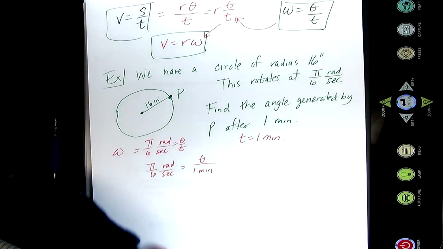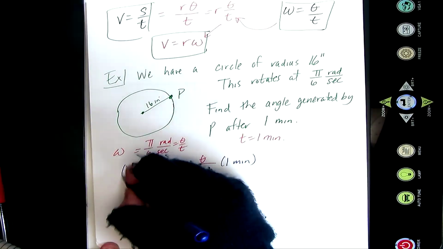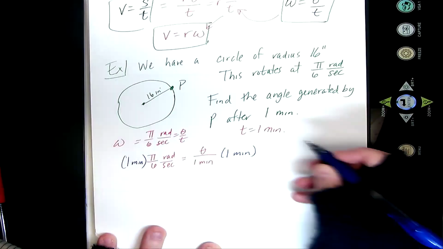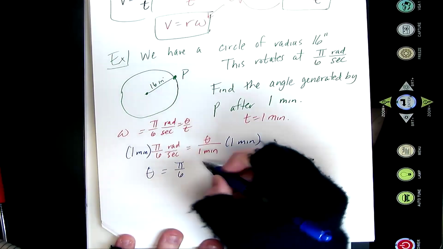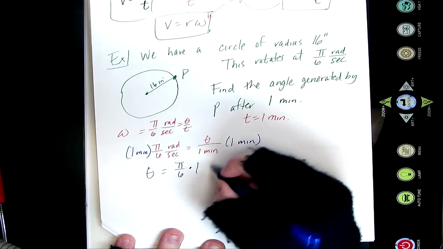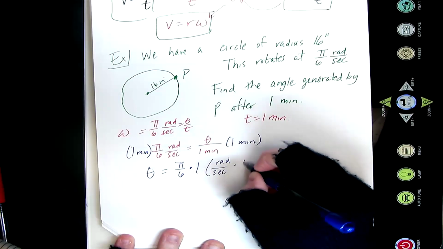And if I want to get theta by itself, I multiply both sides by 1 minute. So theta equals pi over 6 times 1, and the units are radians over seconds times minutes.